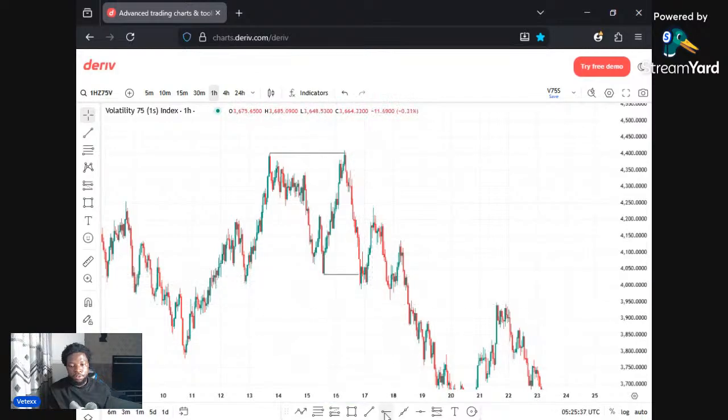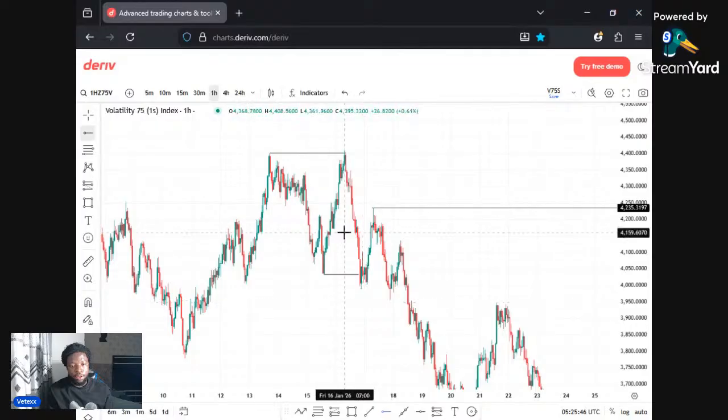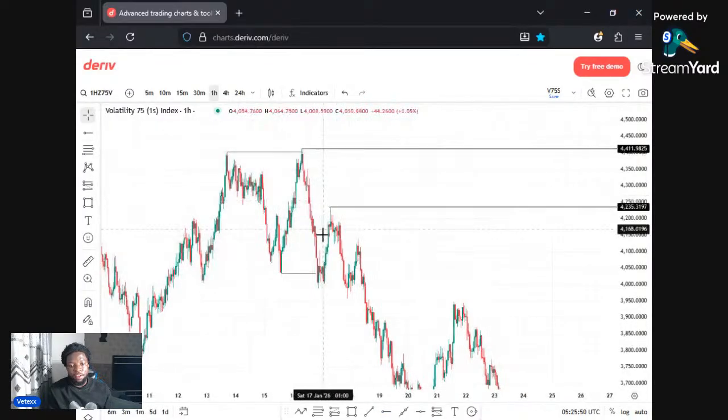And then we have price retrace 50% to give us our structural liquidity, which is this. Okay. And from there now, what do we have? We have our protected high, which is this. On this protected high, we have price giving us this protected high. Now, after the structural liquidity, price retraces back to take out this newly created low, giving us our second break of structure.